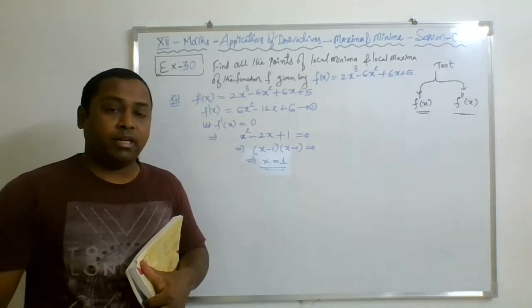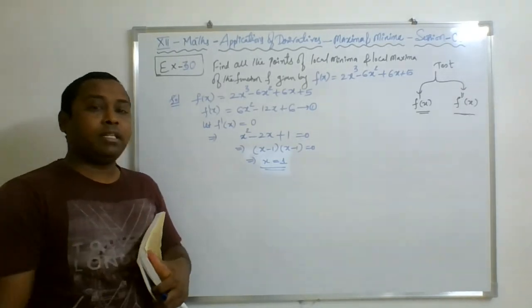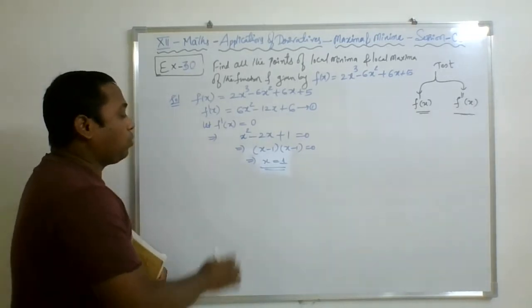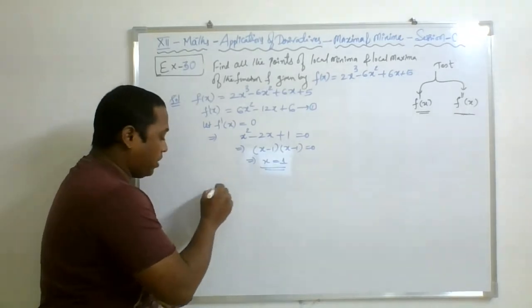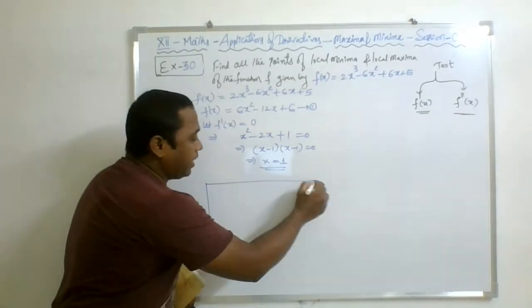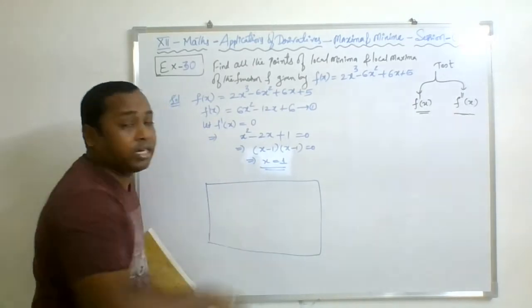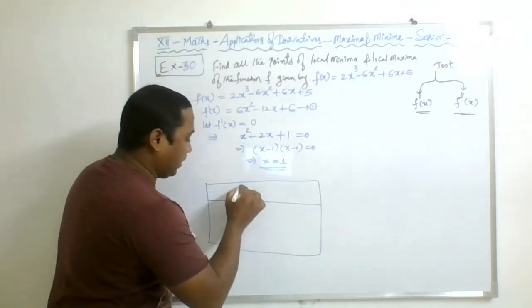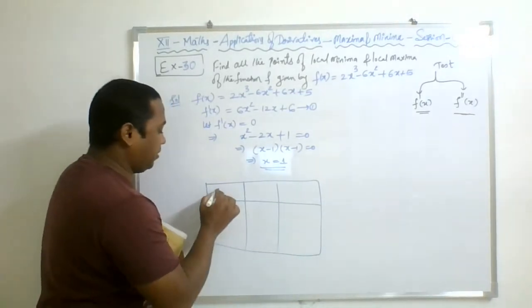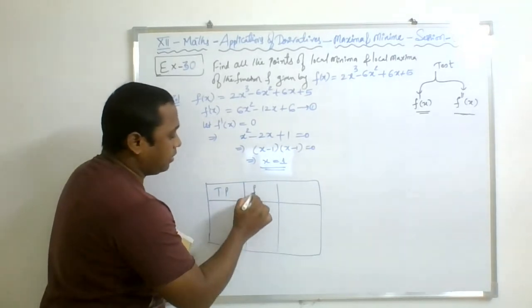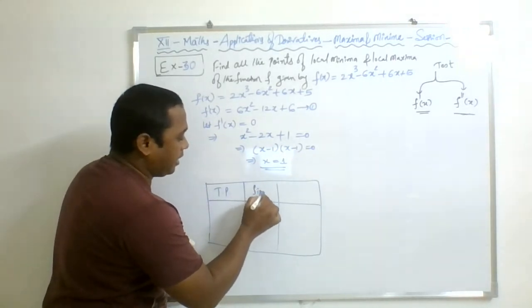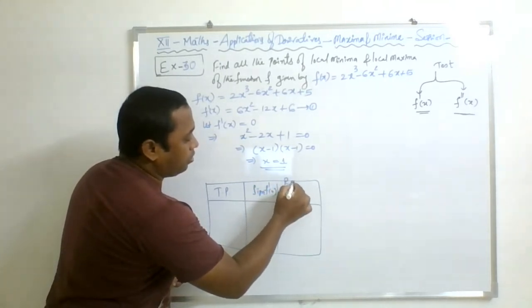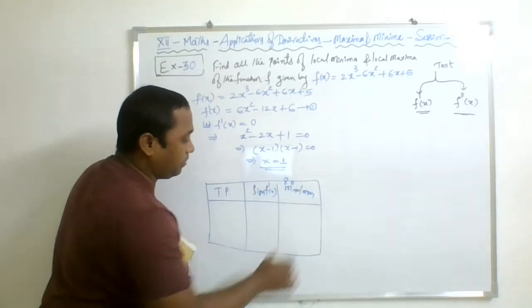Now, what is the rest of the work? We need to find whether this turning point is a point of maxima or a point of minima. To find that, again we need to take one point on the left side of this turning point and one point on the right side. We check the sign of f'(x), then we decide the point of maxima or minima.